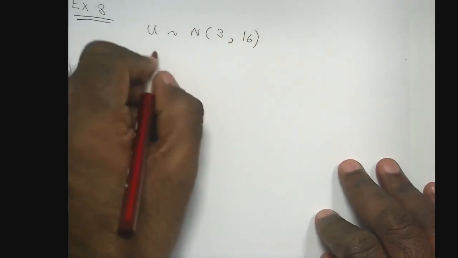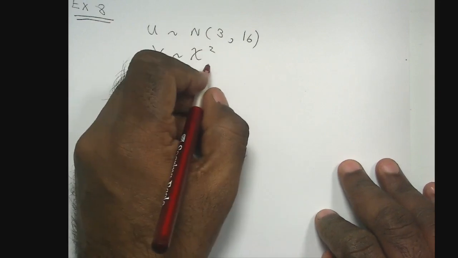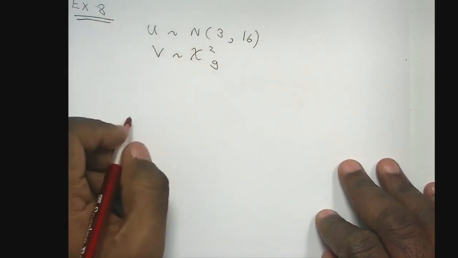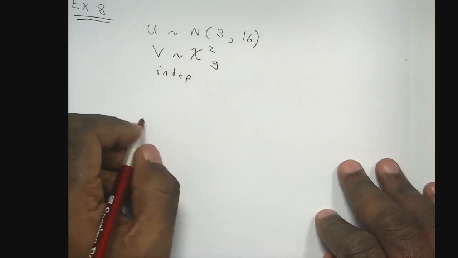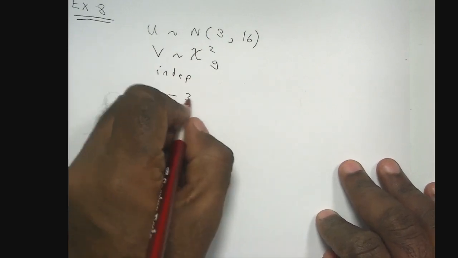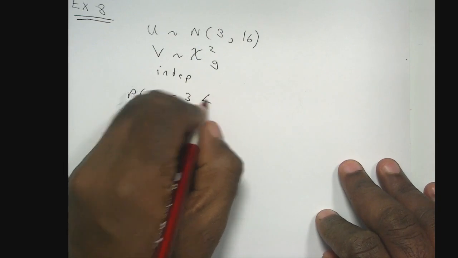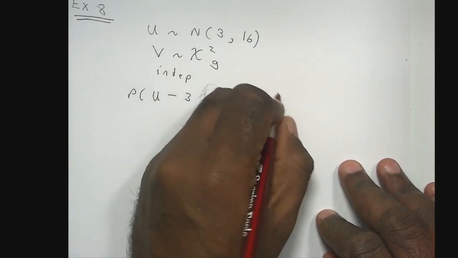And V has a chi-square distribution with parameter 9, and they are independently distributed. And the question is to find the probability that U minus 3 is less than 4 times the square root of V.